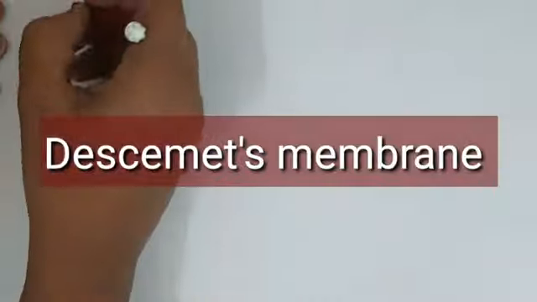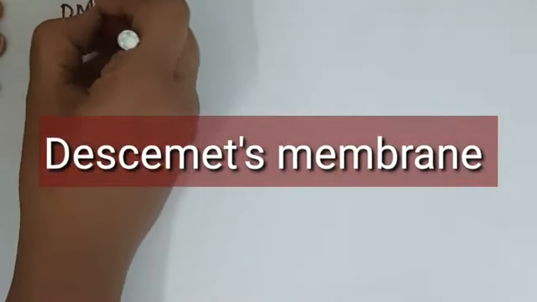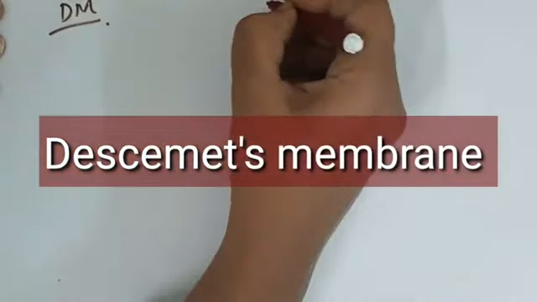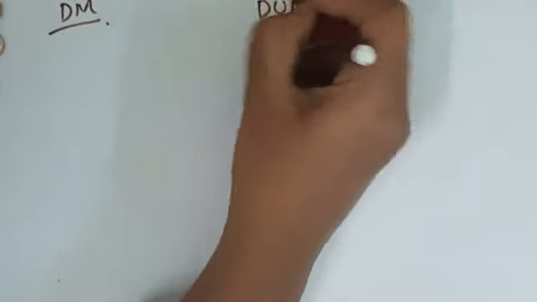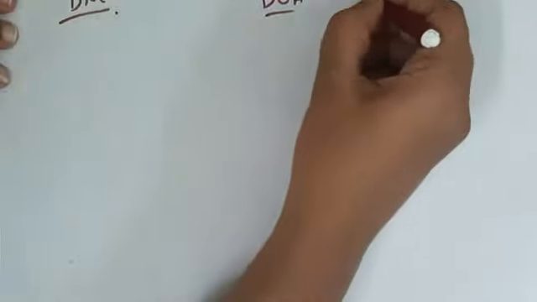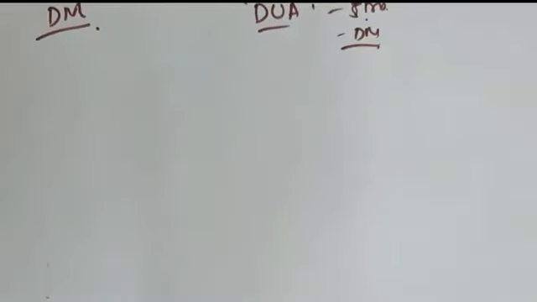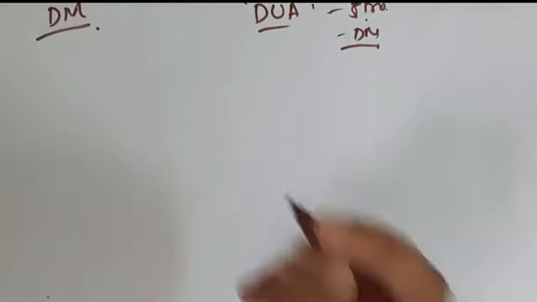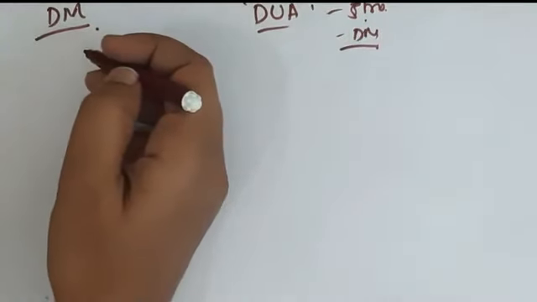Moving on to the fourth membrane, that is the Descemet's membrane. Recently one more layer has been introduced, that is Dua's layer, which is the pre-Descemet's membrane. It is lying between the stroma and the Descemet's membrane. But the clinical importance of this Dua's layer is not yet established. So we will directly go on to the discussion of the Descemet's membrane.